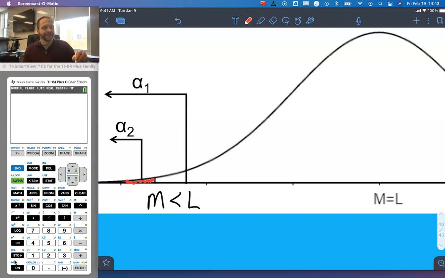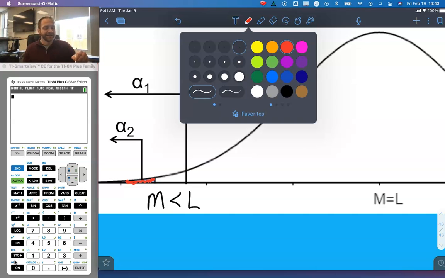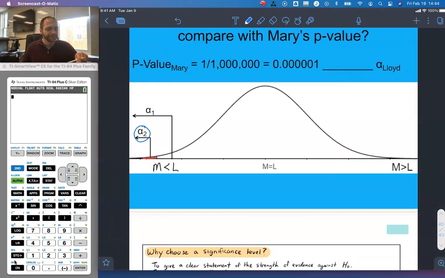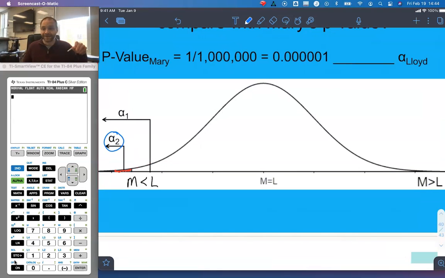If I'm looking at it, I see right here in this alpha level, that would be a level where you would reject because that is in the rejection area, the significance level. But what did Lloyd say? He said, hey, there's a chance. So Lloyd changed his alpha level so that he could say, so you're telling me there's a chance.